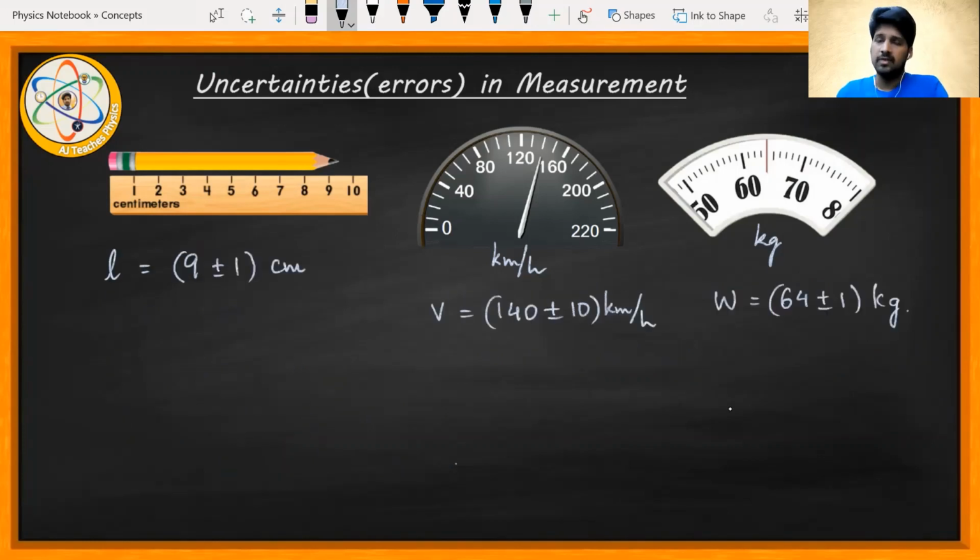There is also a name given to this. It's called the absolute error in the measurement. So when you write measurements like this, also indicating the possible deviation in the measurement, this value is called the true value, and the possible deviation is called the absolute error in the measurement.